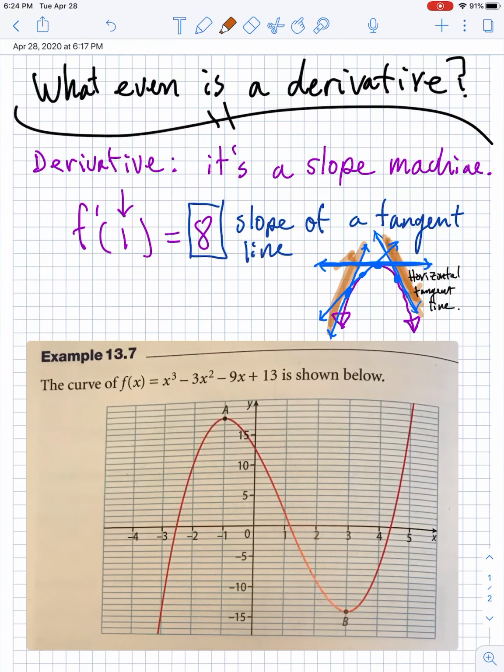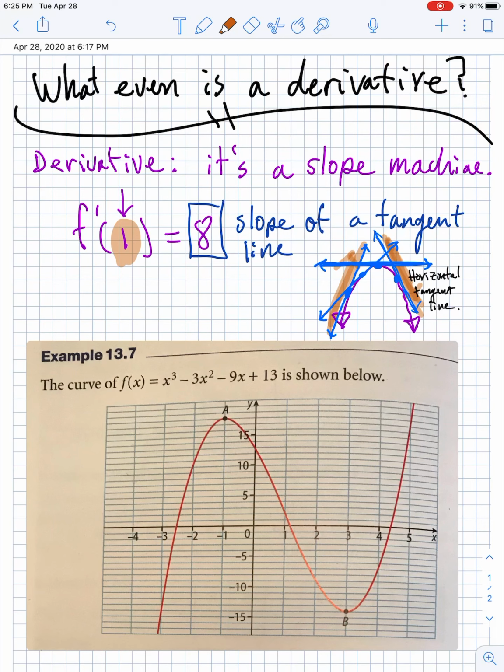It's a really messy diagram now. But yeah, that's what derivatives do. They just tell you the slope of a tangent line at a certain point on the curve. So if you feed a 1 into a derivative, you're asking the derivative to tell you the slope of a tangent line that goes through the curve at that exact point.